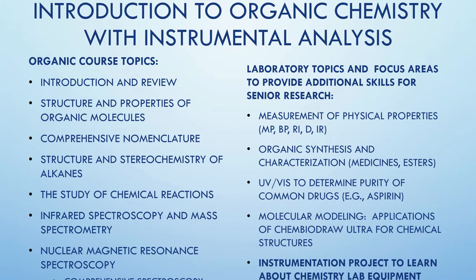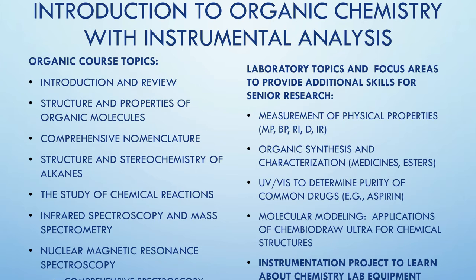A great deal of time is put into learning about spectroscopy for molecular structure determination. A primary end goal for this class is to be able to figure out the structure of any organic molecule given the data from an infrared spectrometer, a mass spectrometer, and nuclear magnetic resonance spectroscopy.